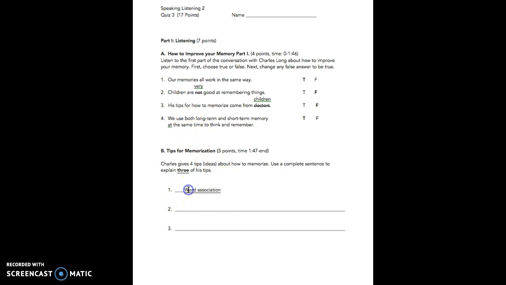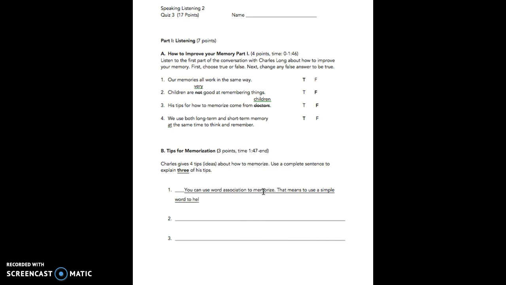So a sentence would look something more like this. You can use word association to memorize. That means to use a simple word to help you understand or help you remember a more difficult idea.